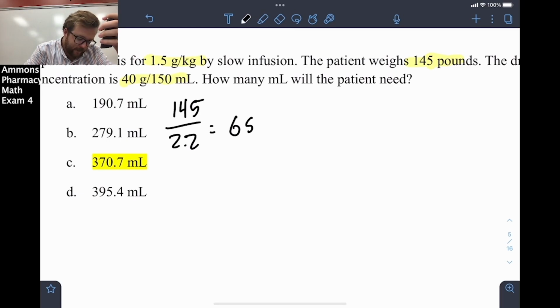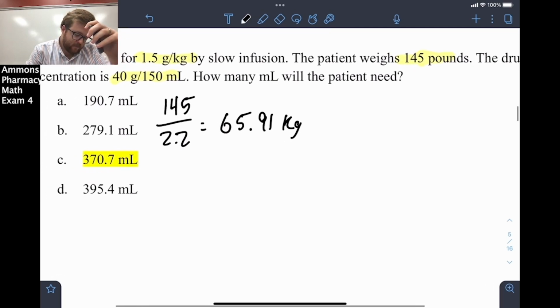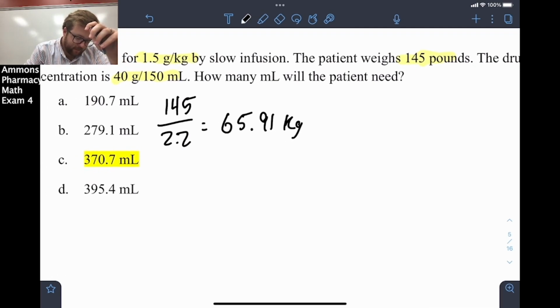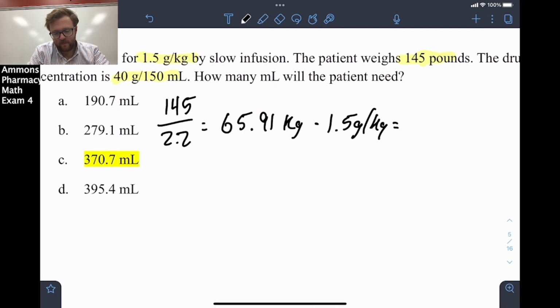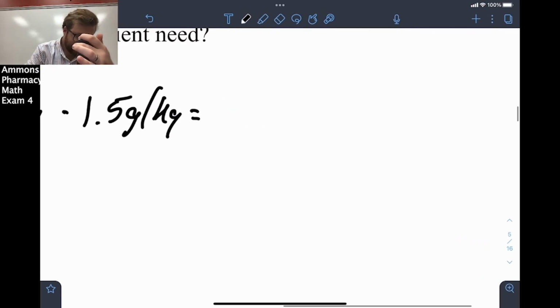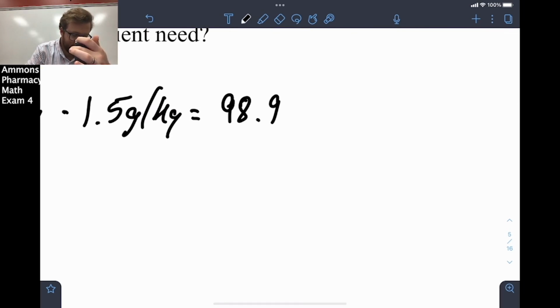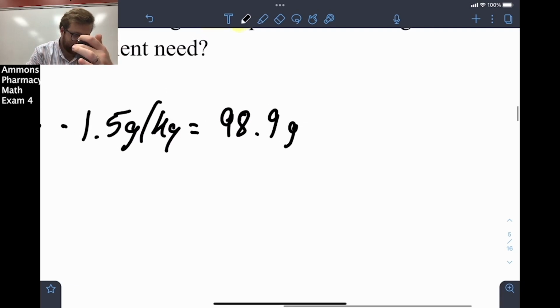That's 65.91 kilos. They're getting 1.5 grams per kilo. So they will need 98.9 grams.